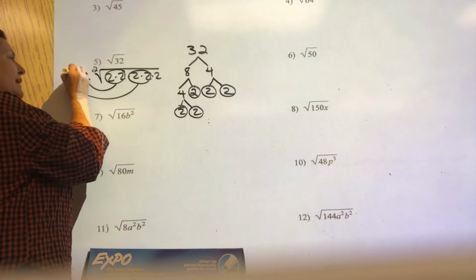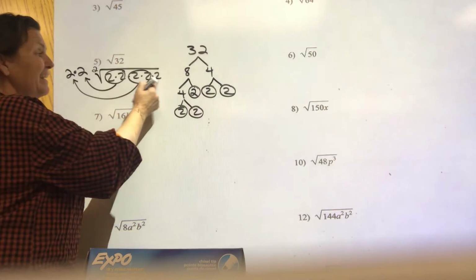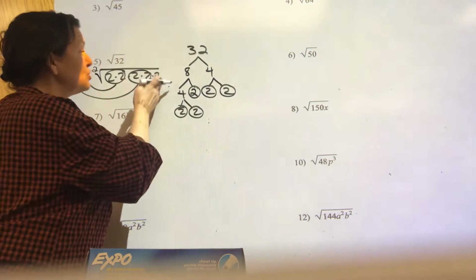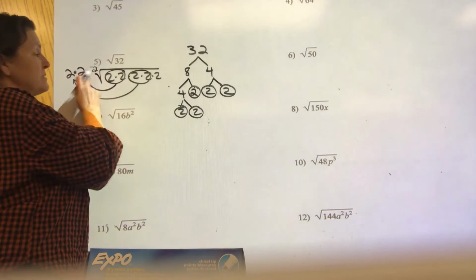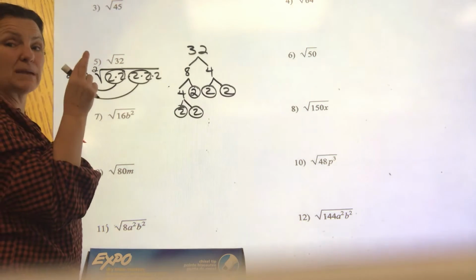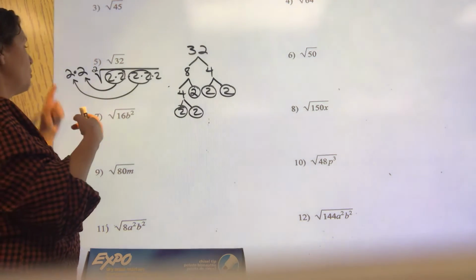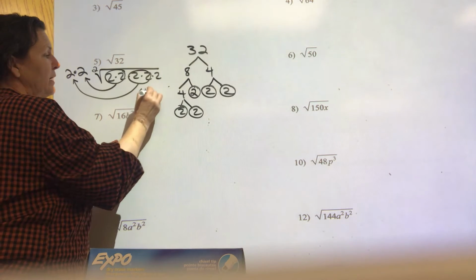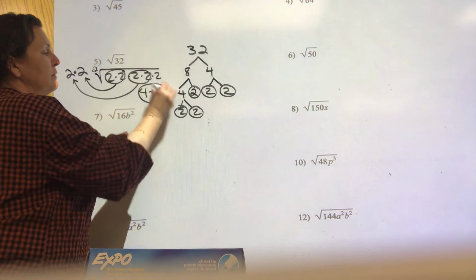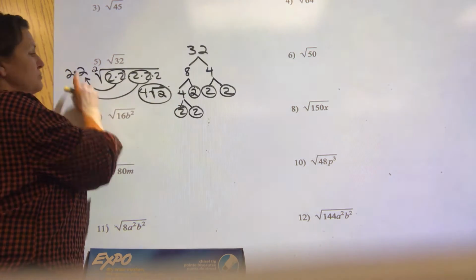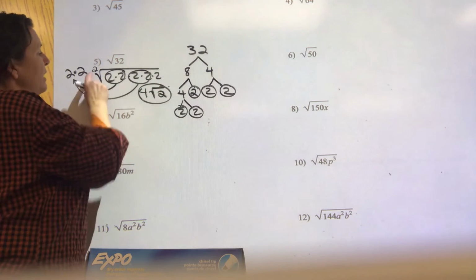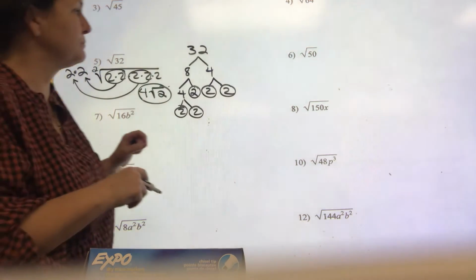When you have a double set, you multiply them on the outside. That kid can't leave. He's a single 2, and this is saying I'm looking for sets of numbers. 2 of the same thing can leave together. So I have a 4 on the outside and a 2 left on the inside. That's your final answer, because 2 times 2 is 4, and the 2 there. And you can leave the root alone if you'd like.